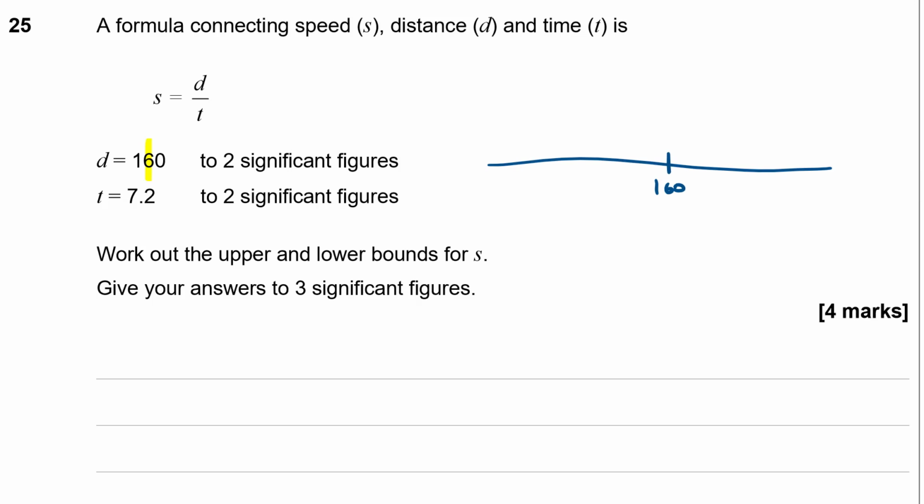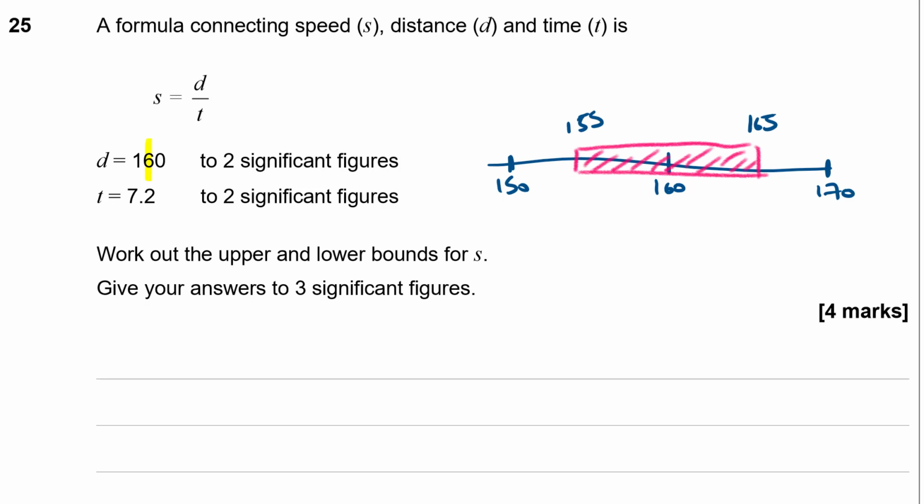So the other point I could have rounded to was 150, one below, and the one above that would be 170. Now all the numbers that round to 160 are the ones that are closer to this number. So the lower bound is going to be 155 and the upper bound is going to be 165. So all the numbers in between 155 and 165 round to 160.